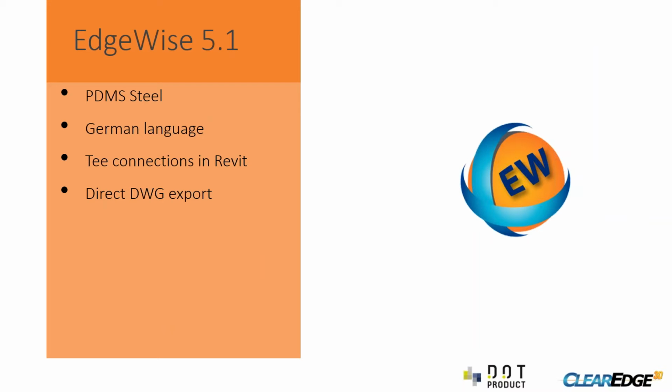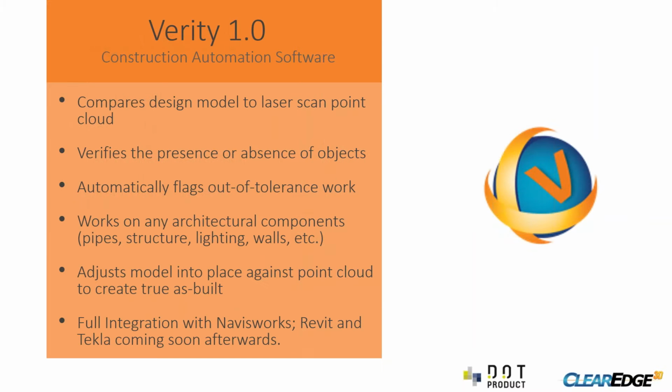In parallel with the improvements that we're building into the EdgeWise product, we're also working on a new application, as a number of you are probably aware, called Verity, which is for construction validation. The idea is that it compares a design model to ongoing laser scan data, particularly on a construction site.